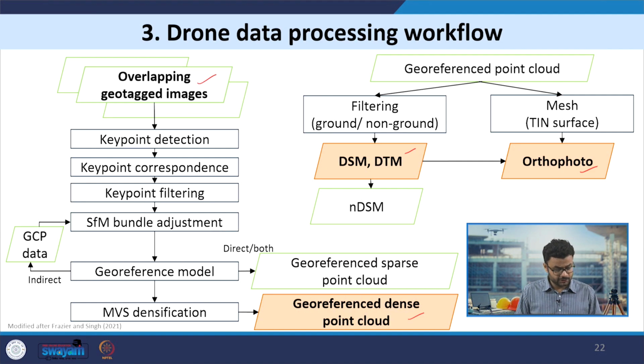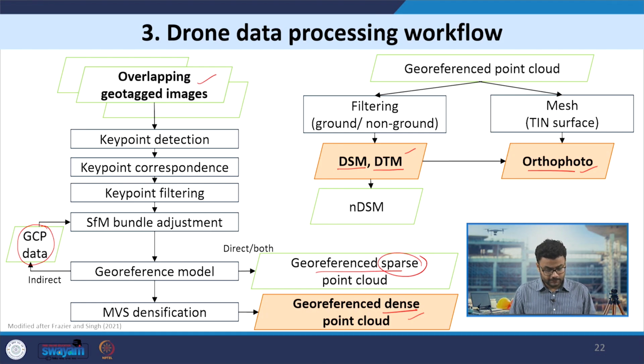Once the relative orientation of these images has been done, then either using the ground control points or the geotagged information already present in those images, the software will generate a georeferenced but sparse point cloud. Then the sparse point cloud goes through densification to give a georeferenced dense point cloud, which is then, with the help of filtering algorithms, used to generate a digital surface model and digital terrain model, based on which the orthophoto and orthomosaic can be generated.